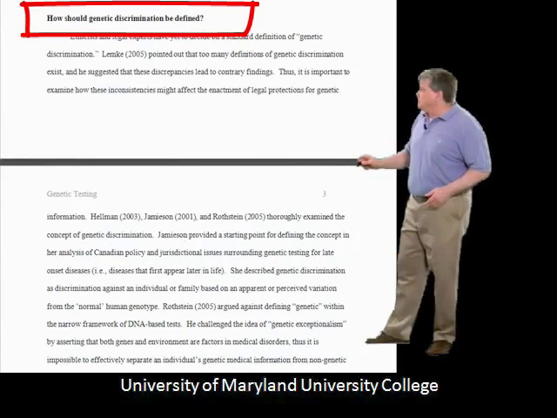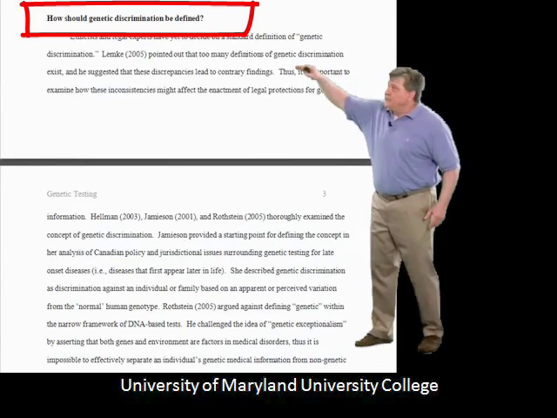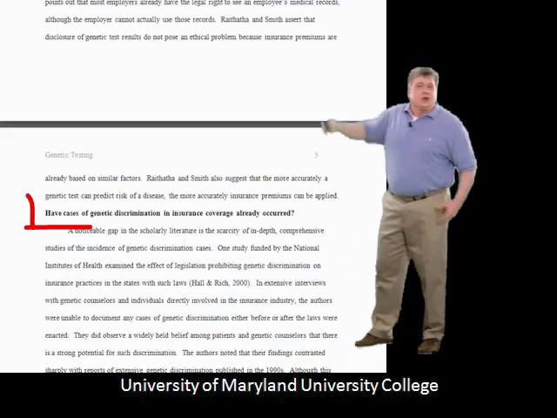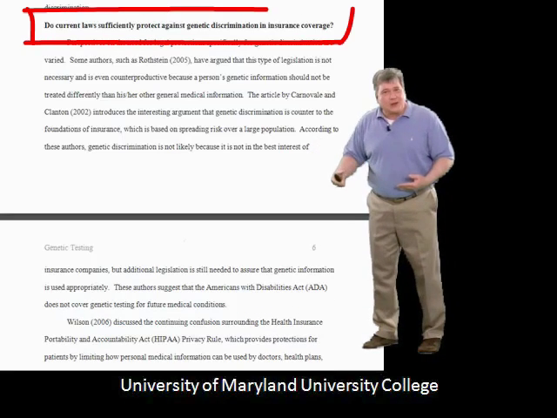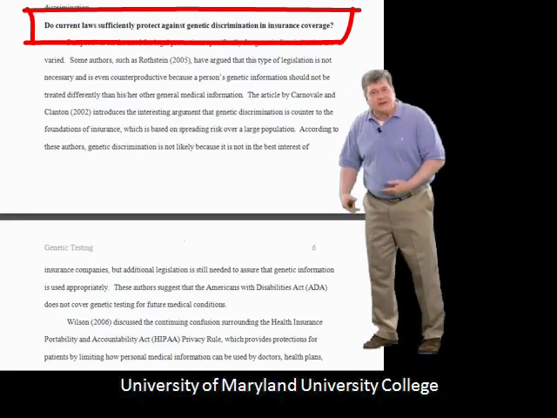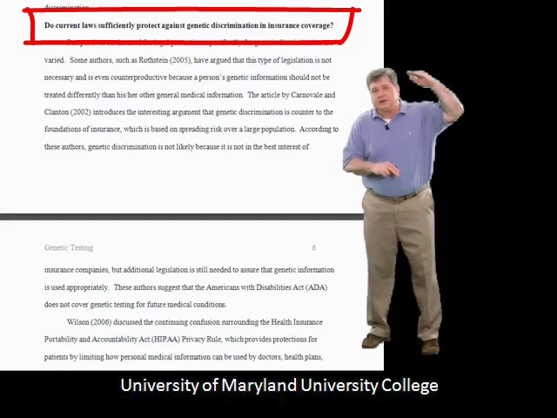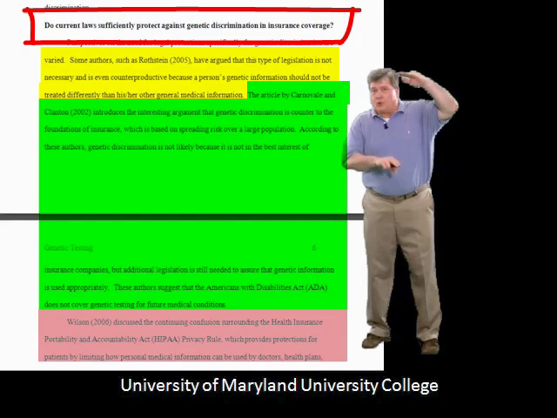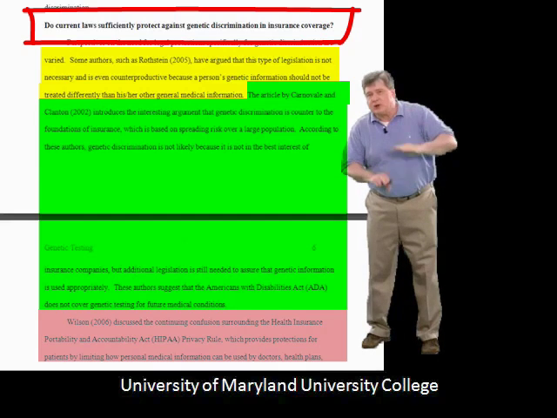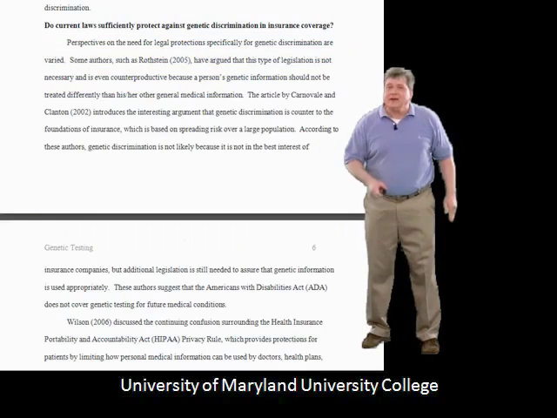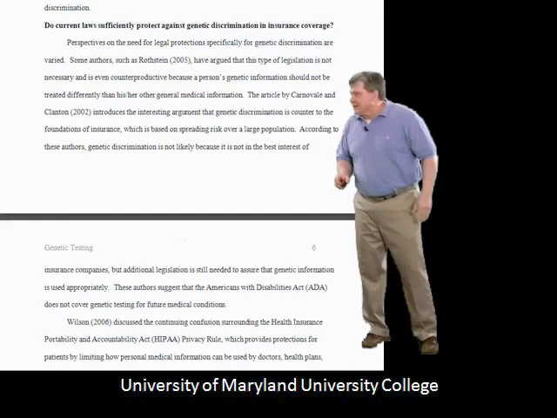You flip a couple of pages later, and up at the top of the page, you see the second question. Flip another couple of pages, the third question. Flip another couple of pages, the fourth question. And in between those questions, she has put in order her summaries of the sources that address each of those questions. And that's a literature review.